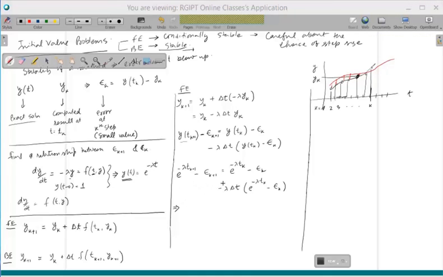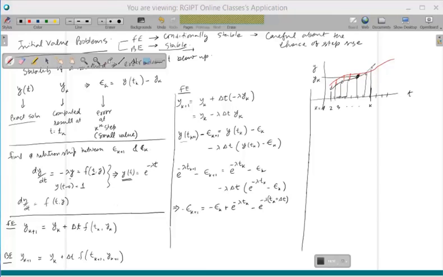That would give me epsilon minus epsilon k plus 1 is minus epsilon k minus e raised to minus lambda tk, and then it's a plus minus e raised to minus lambda t, where k plus 1 is tk plus delta t.